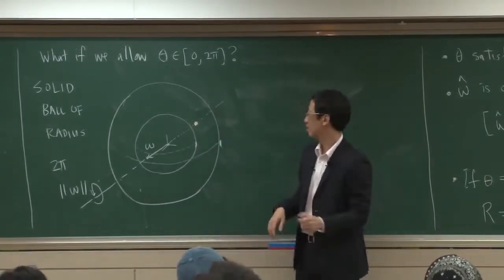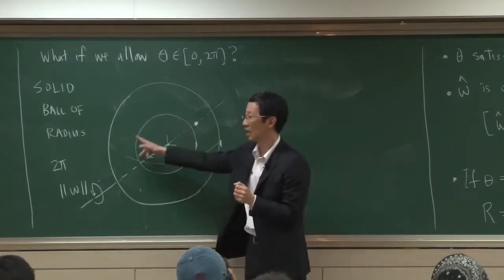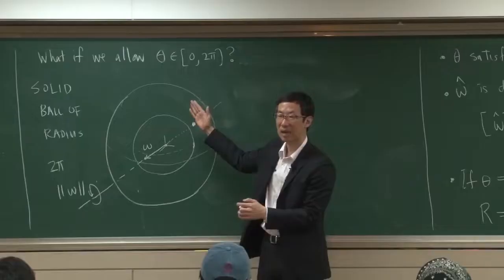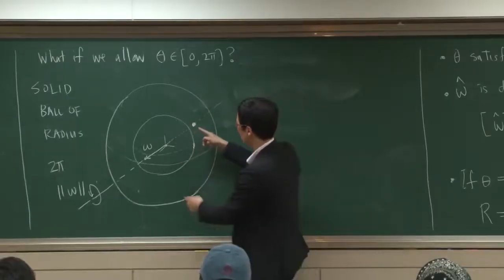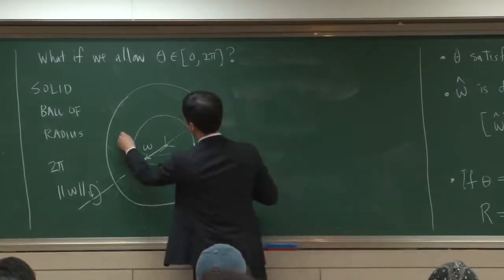So you see what's going on here? This point is inside the ball of radius pi. This point is outside the ball of radius pi. The distance from here to here is pi, say.